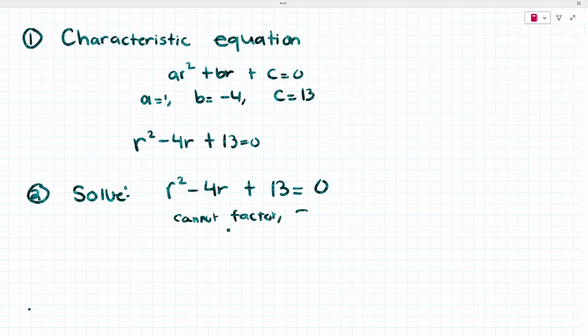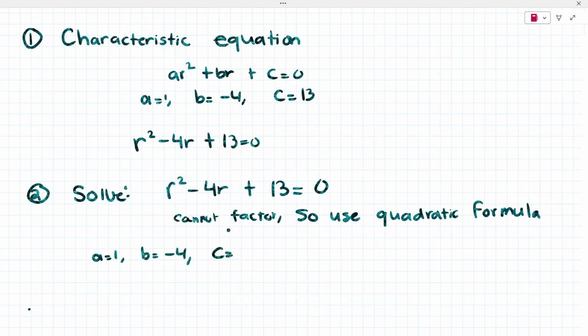So let's just use the quadratic formula. So what's our a, b, and c? Our a is 1, my b is -4, and my c is 13.